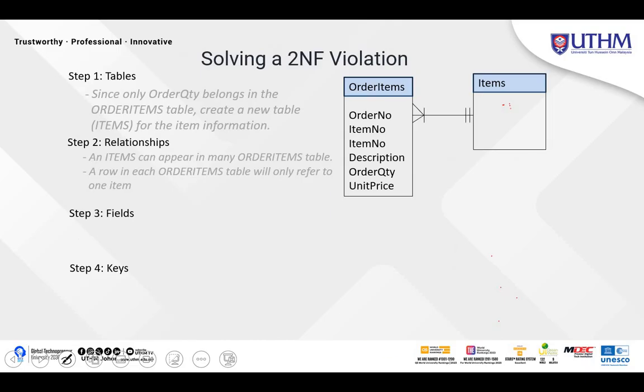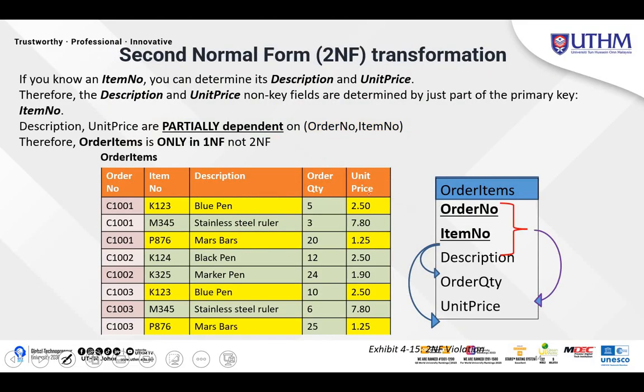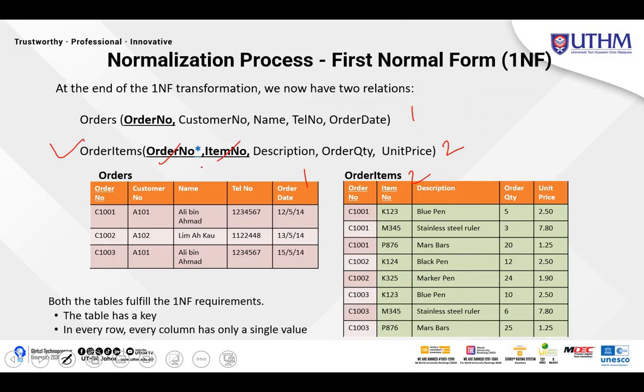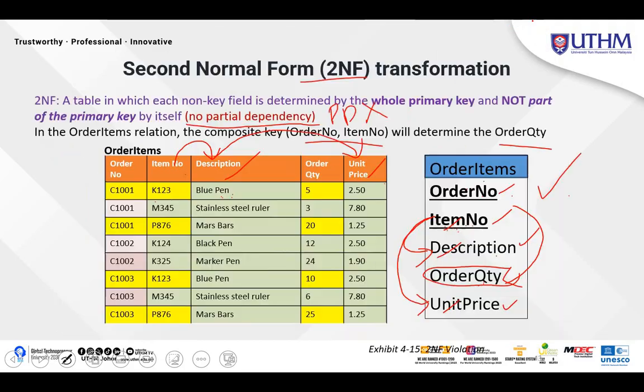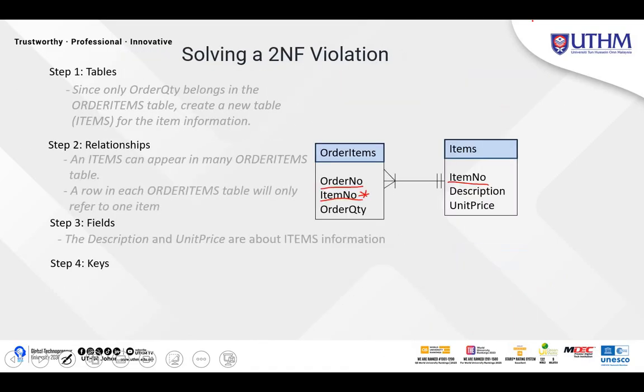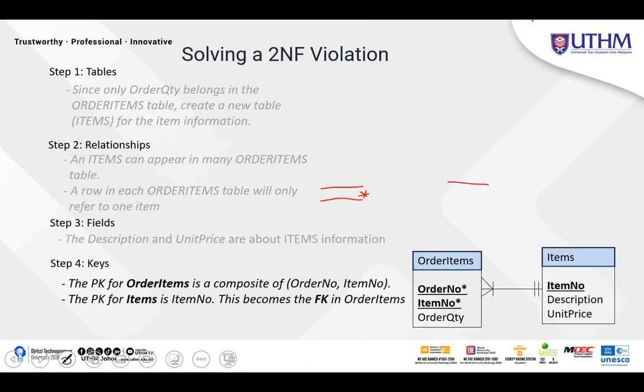Still remember, class? This one is first normal form. So that's why we still maintain the order number as a primary key and as a foreign key as well. So done with second normal form.